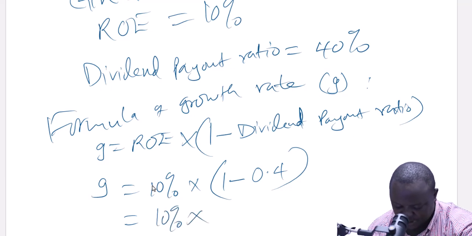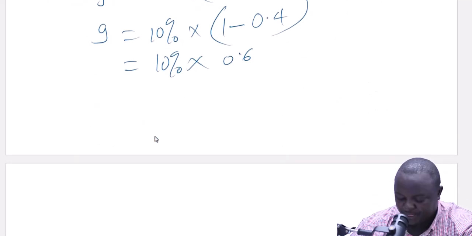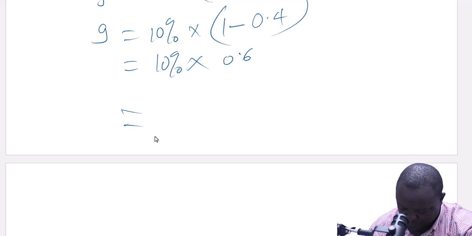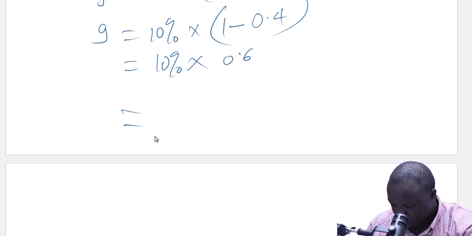So this is 10% times 1 minus 0.4, that is 0.6, which equals 0.1 times 0.6.